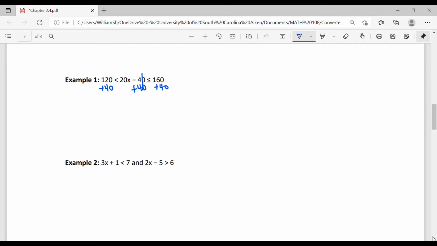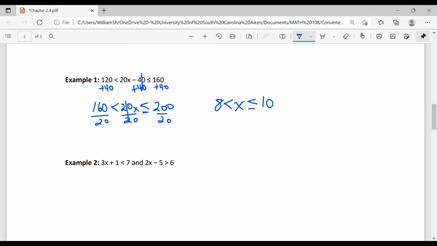What that's going to do is cancel it out here. 120 plus 40 is 160, is less than 20x, is less than or equal to 200. Now I'm going to divide by 20. I've got to do that to all three parts as well. Cancels this one out. 160 divided by 20 is 8. So 8 is less than x is less than or equal to 10.